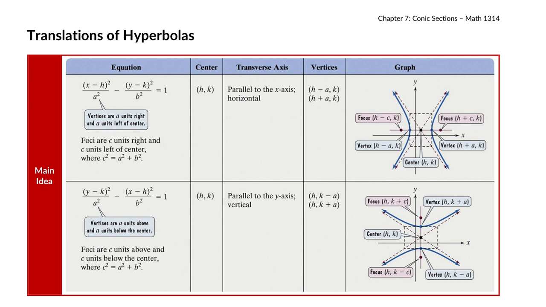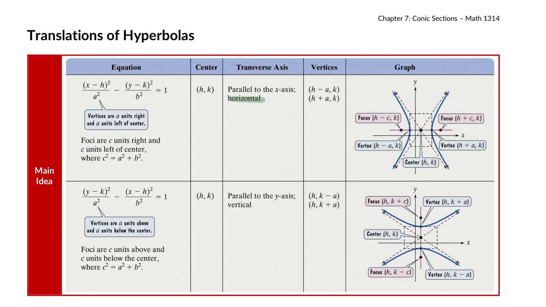Last class, when we moved the ellipse off of center, we did really well when we kept a hang on where our major axis was, which means we need to make sure we realize where our transverse axis is. The first formula is going to show you the equation where you have a horizontal transverse axis, which means that the hyperbolas are opening side to side.